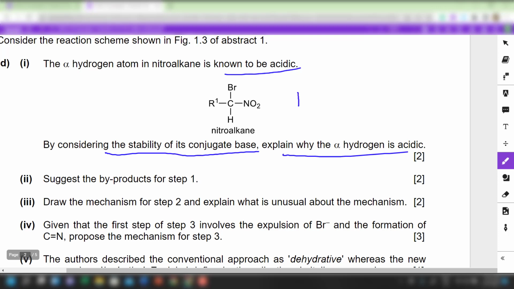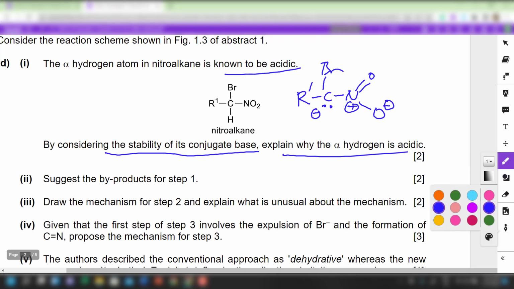What you need to do is simply draw out the carbanion with the Br, and then it will be excellent if for the NO2 you can draw out the particular form which shows the formal charges plus and minus, and then you have a negative charge with the lone pair of electrons on the carbon.